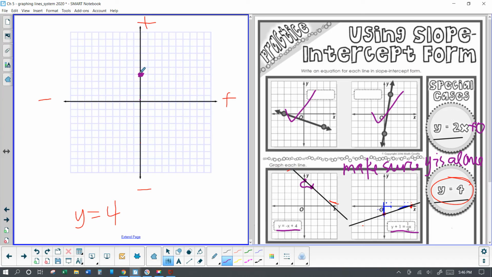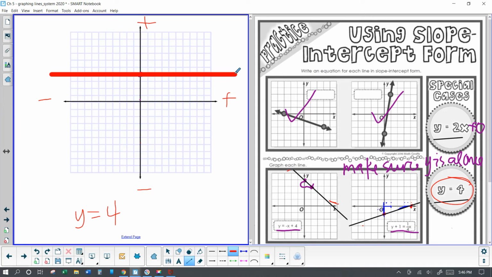And all I have to do then is make a horizontal line that goes across the whole graph. Oh, and see what happens. Let's delete all of those and go back to my line. Then I make a horizontal line, and hopefully this one works. There it is. That is the graph of y equals 4.